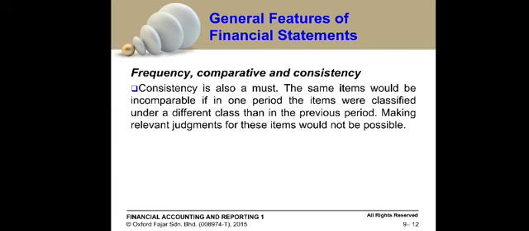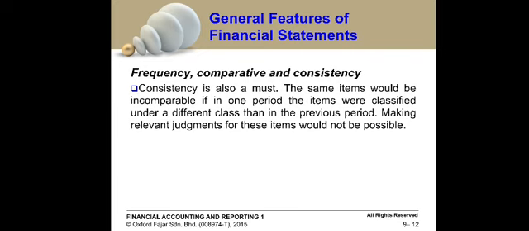Why do you have to be consistent in the recording process? Because when you are consistent, you can compare this year's data and next year's data. If you are not consistent, then you cannot do a good comparison. Let's say this year you depreciate your building using the straight line method.